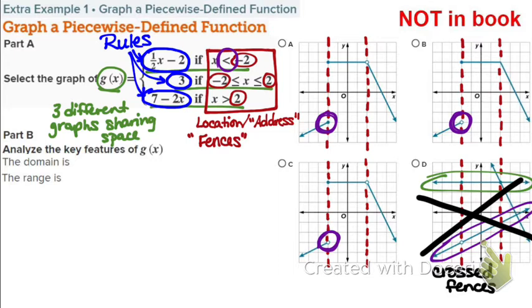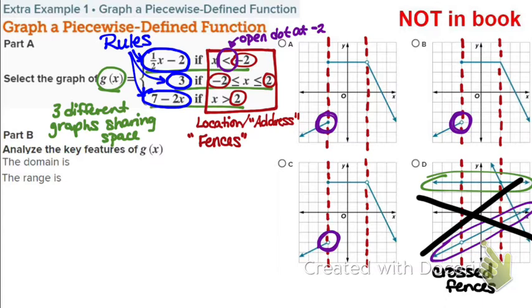No. What's the difference between the way I graph an or equal to versus just a greater than or less than? Do I shade this one in or not? No. This guy right here is going to be an open dot at -2. Which ones of my graphs have an open dot there?